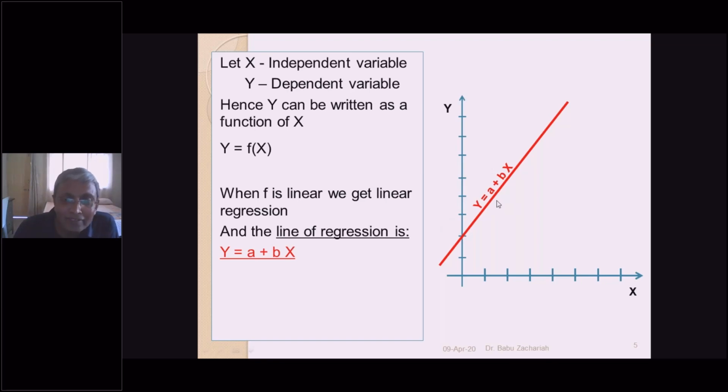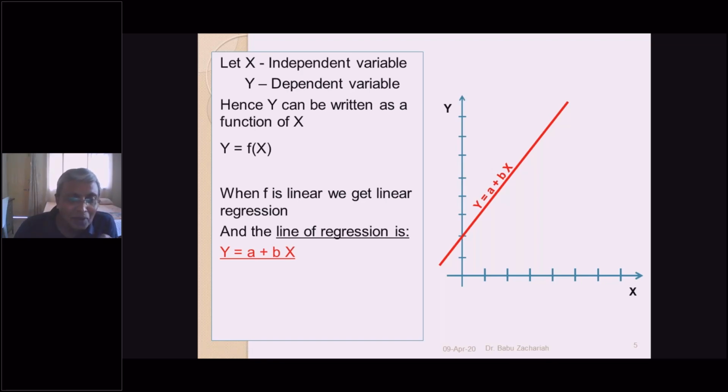So in this one, what is this a and what is this b? Does anyone know? If you know, you unmute your mic and speak. You don't know what is a and what is b.